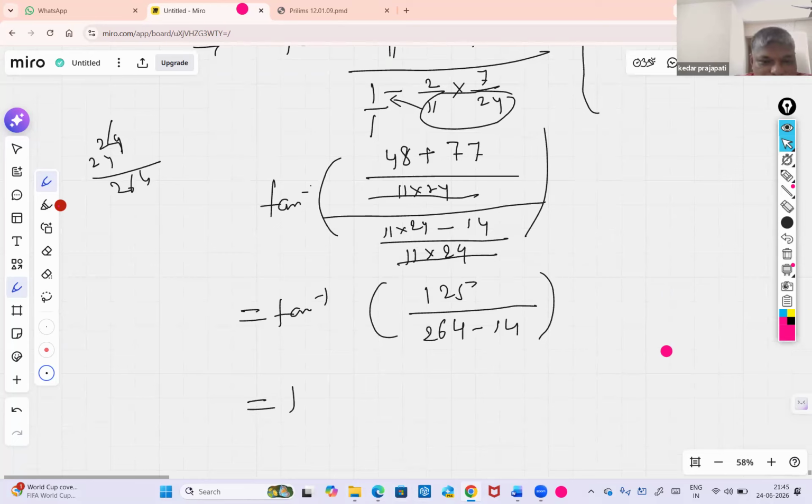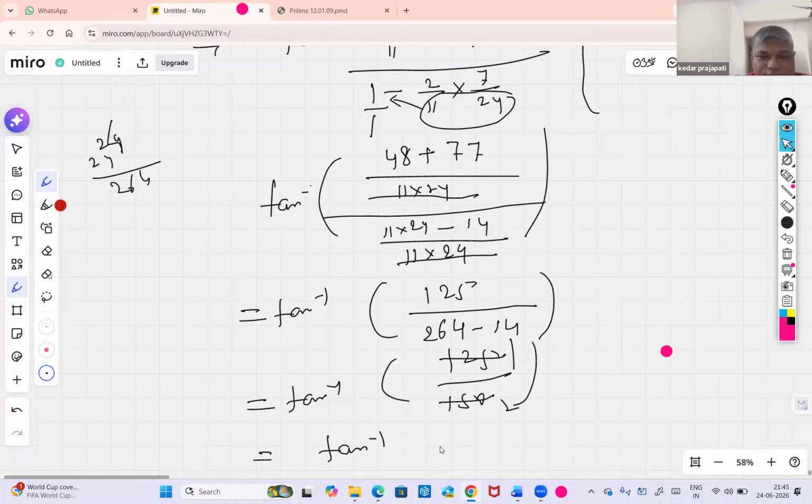Fine, no problem, I'll go a little slow. So now it is 125 by 250, which is 1 by 2. It is equal to tan inverse 1 by 2. This is what we had to prove, isn't it?